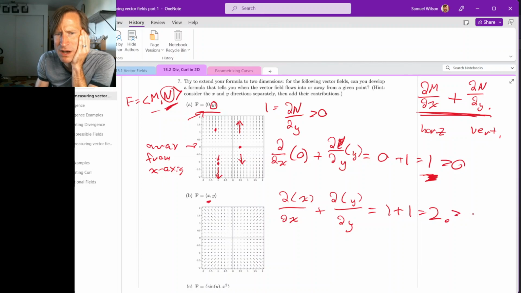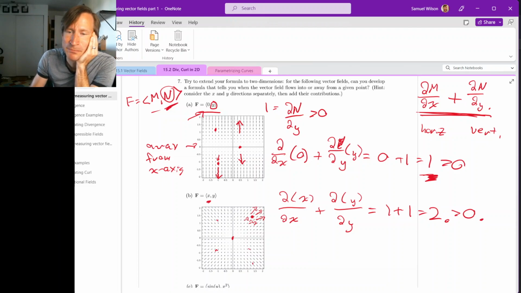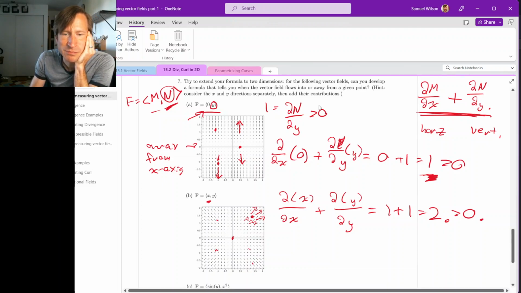Again, this is positive, so this should lead us to believe that this is flowing away from every point, and indeed it is. Near the origin, it's clearly flowing away from the origin, but even away from the origin, on average, vectors pointing out are longer than vectors pointing in, so this vector field is flowing away from these other points as well. And this reasoning works no matter what point you pick. So that's pretty successful.